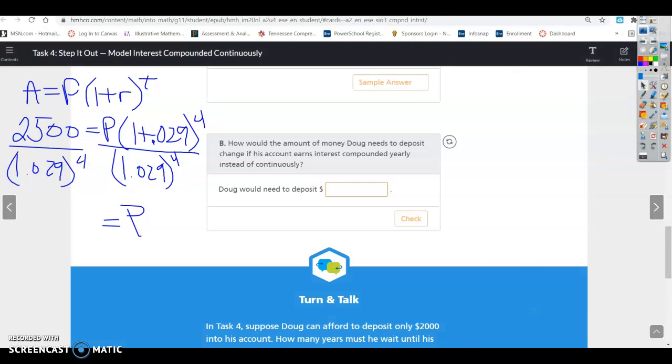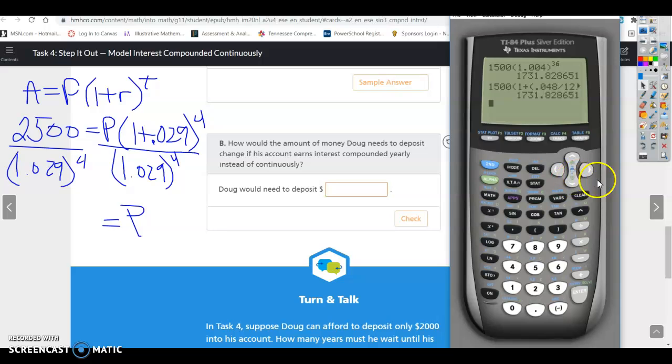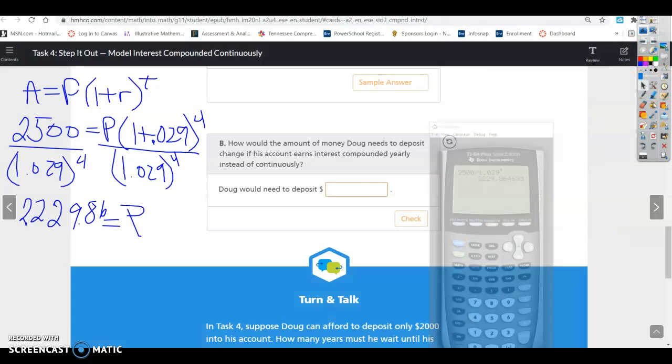If I pull up my calculator here, I'm going to do 2,500 divided by 1.029 raised to the 4th power, because we're looking for 4 years. So that would be $2,229.86.